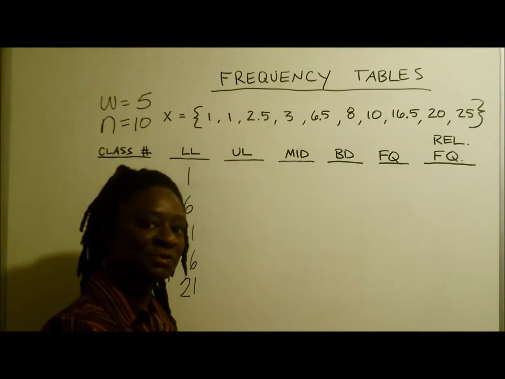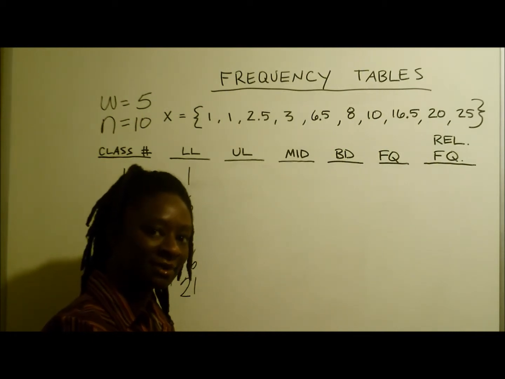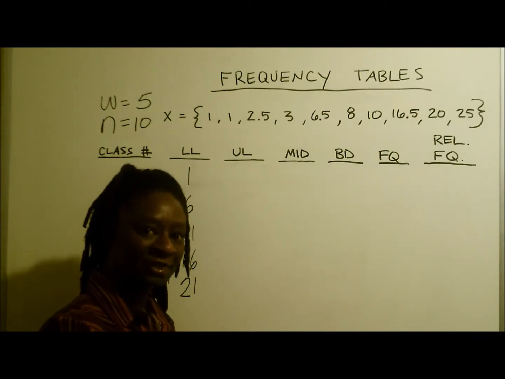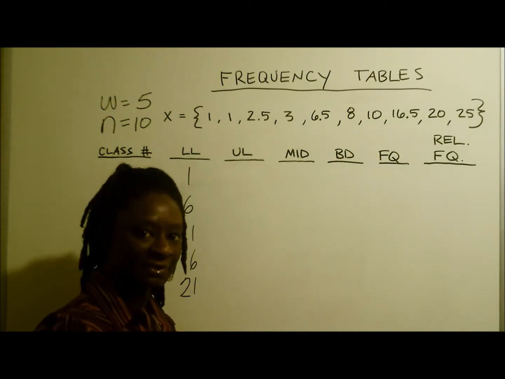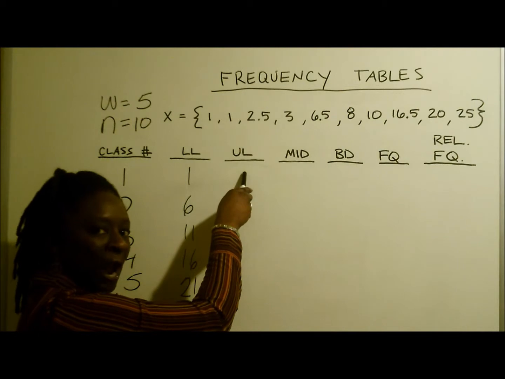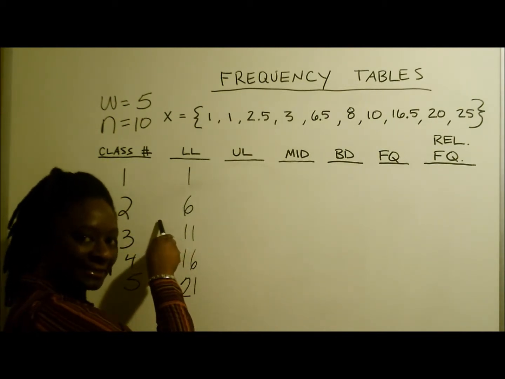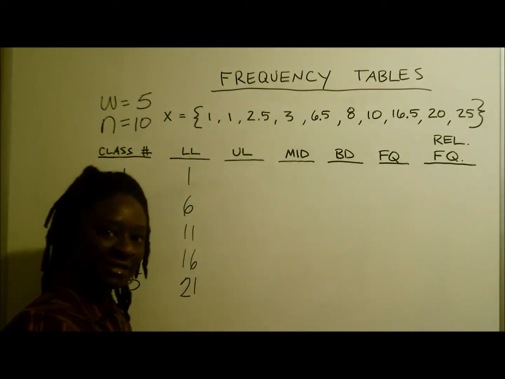Our next step is to establish our upper limits. So how do we do that? Well, we want to make sure that we don't have any overlaps. So our first upper limit should stop right before our lower limit in class 2 begins. So our first upper limit will be 5.9.